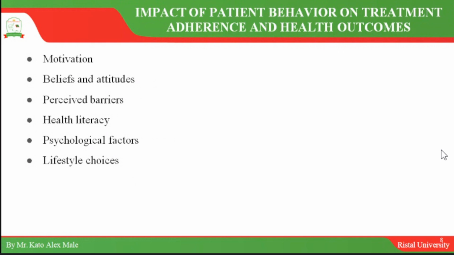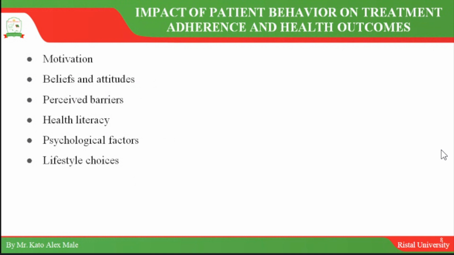Health literacy, like I've told you, is their ability to understand what you tell them or what you direct them, you as the health worker. So that's what we mean by health literacy: the patient's ability to understand what you tell them.